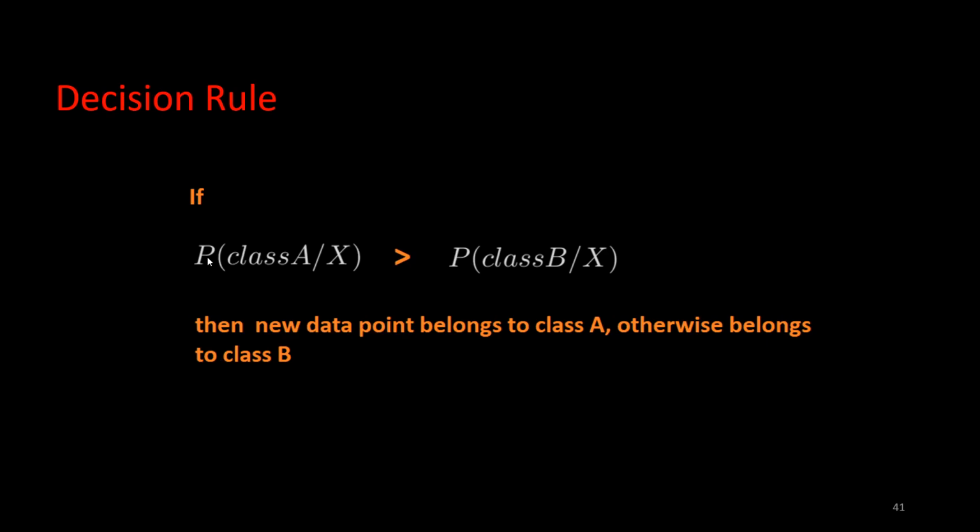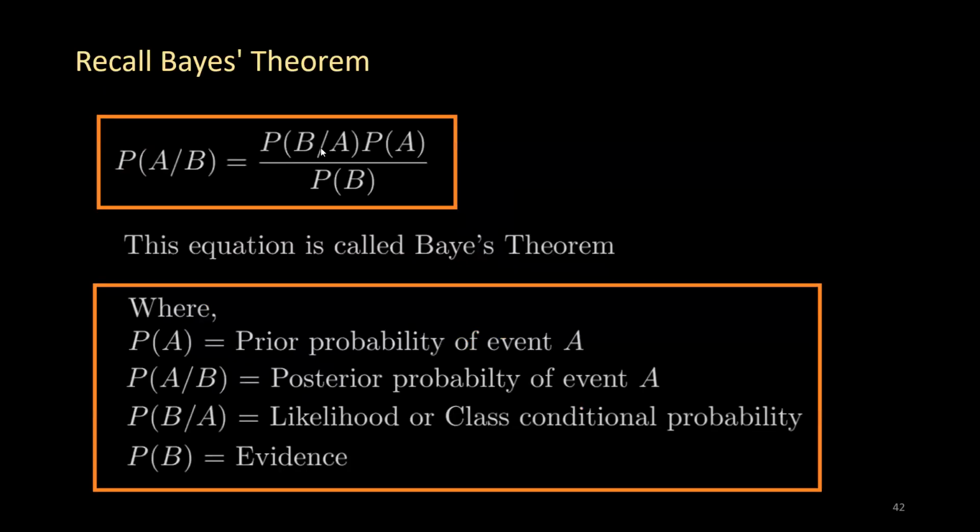Now we have to calculate these two conditional probability terms. For conditional probability, we know that we have Bayes theorem, or Bayes rule. So let's refresh our Bayes theorem. This is the equation of Bayes theorem, which we have already derived in this section. Now we have to remember the names of all these important terms. P(A) is the prior probability of event A, if A and B are events.